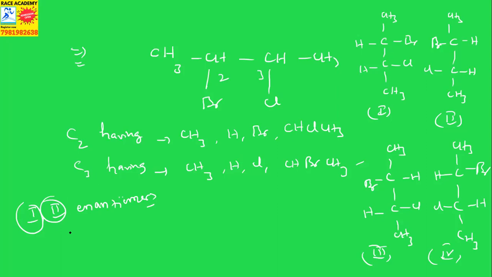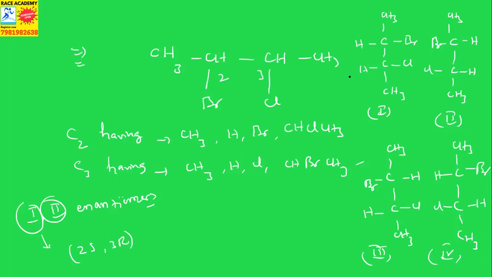Forms 3 and 4, the two pairs of enantiomers, give rise to two possible racemic modifications here, so the 3 and 4 racemic mixtures are coming here. And it may be noted that in the first form, we have 2S and 3R.